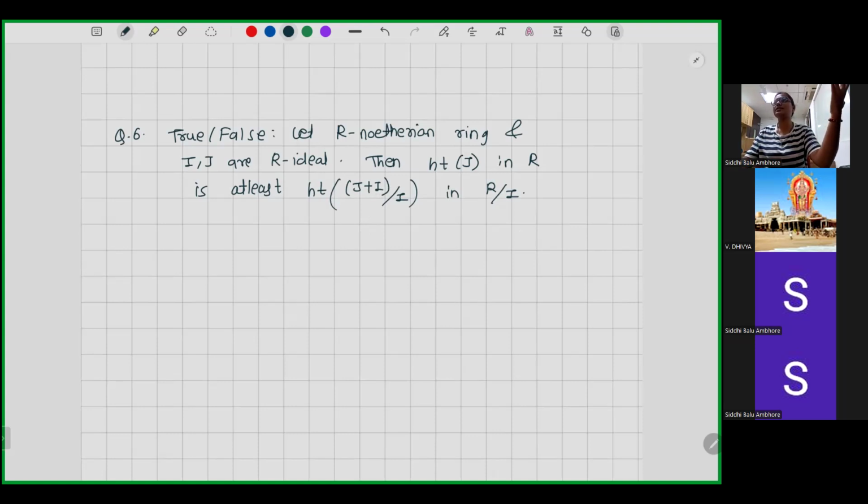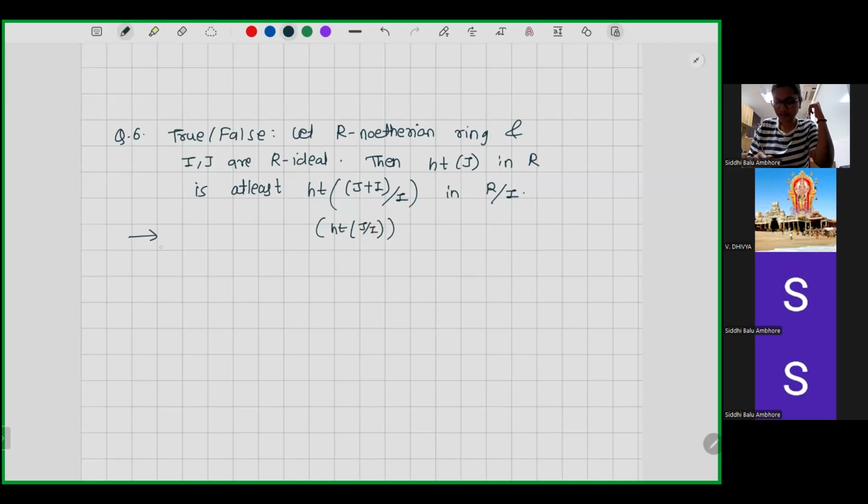So just to make sense of the height of J in R mod I, we need to consider this J plus I. Even in earlier cases, when we were looking at the height of x in xz comma yz and ideals of those sorts, we were actually considering the ideal generated by the element x together with the generators of those ideals I. That's what this means here. This is a very bad way of saying it, but this is the height of J mod I.